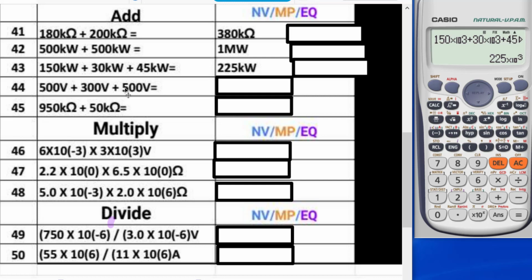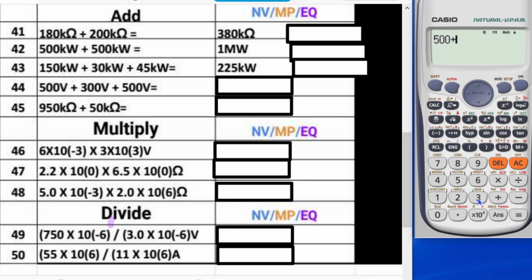As long as you understand that 500 and 500 times 10 to the 0, there's no difference. Any number times 10 to the 0 is just that number. So I'm not going to do the engineering notation on these. I'm just going to keep them in decimal.